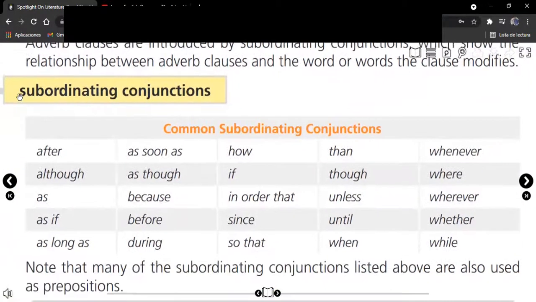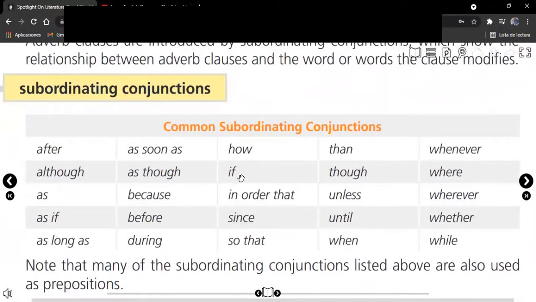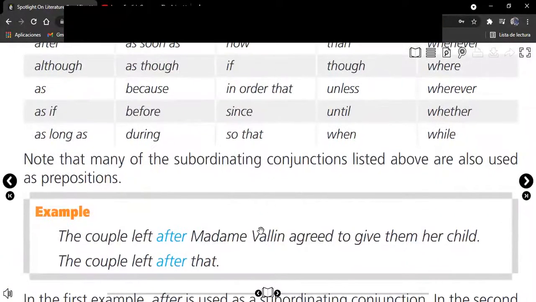It's important to remember the usage of these subordinating conjunctions, because they are used before the adverbial clauses.